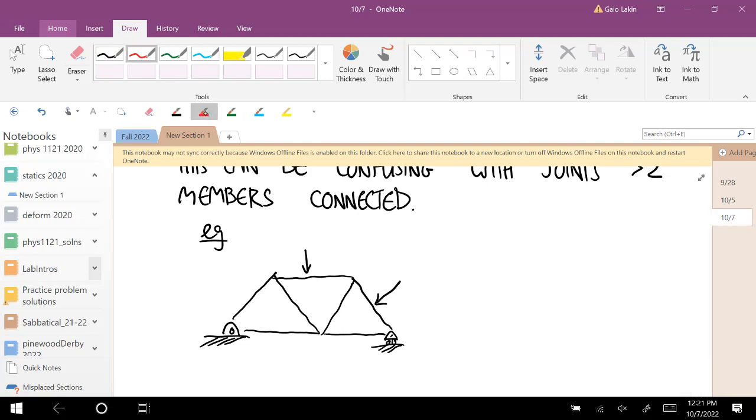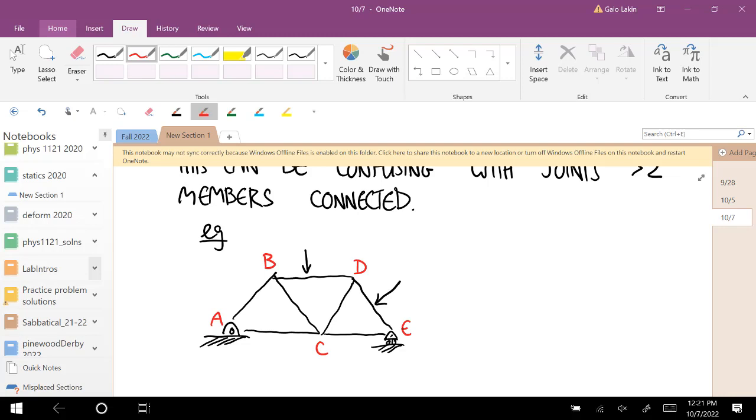So notice that, well, let me letter these. Let's call the joints A, B, C, D, and E, okay? At every one of those joints, there are more than 2 things connected. At B, D, and C, obviously, you can see that those members are connected.